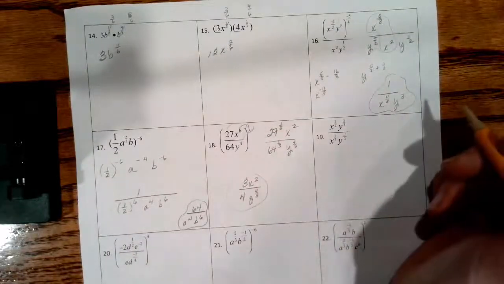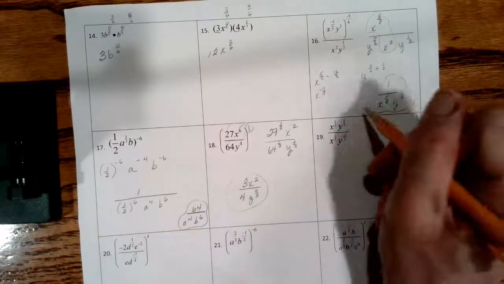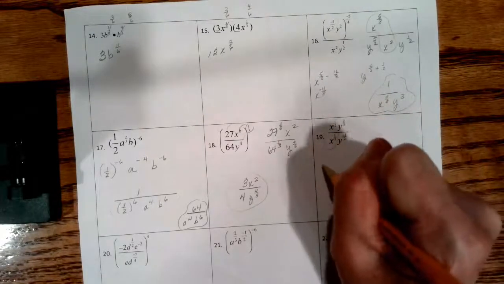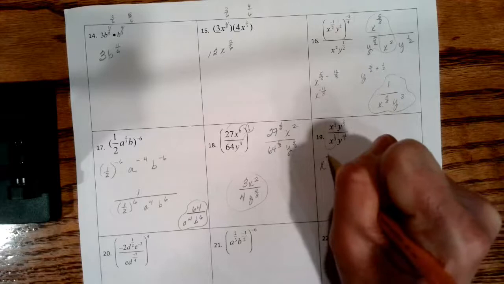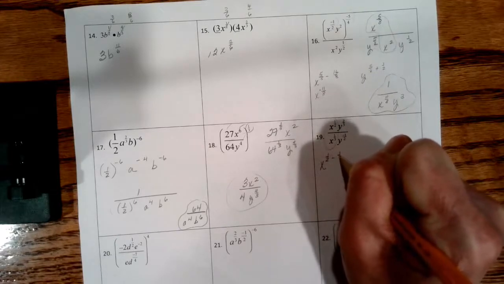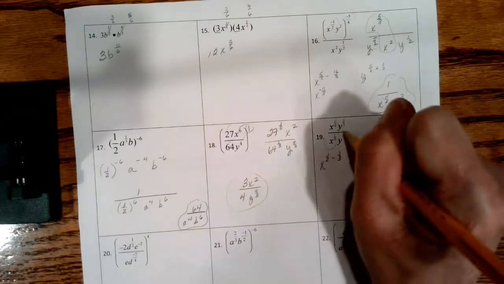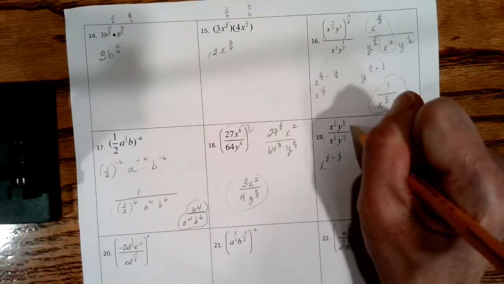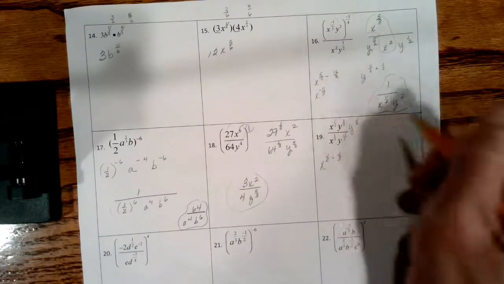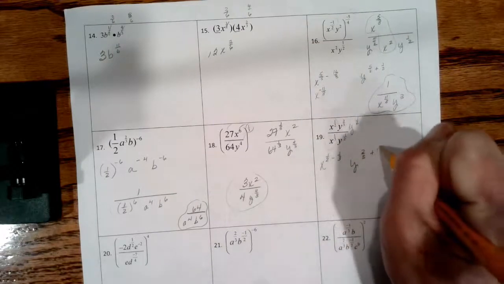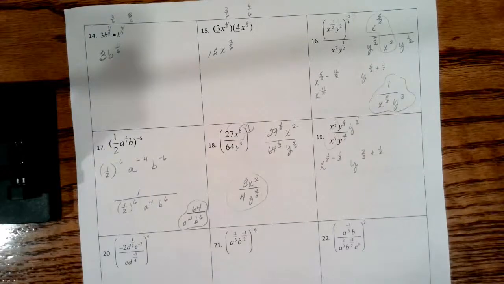Alright, so here I have my same base. I'm going to subtract. So x is to the 1/2 minus 1/3 power. This y is to a negative exponent, so he comes up, and that's y to the 2/3 plus 1/2 power.